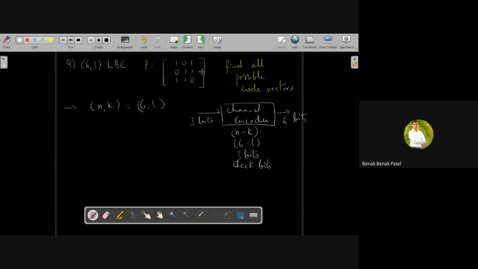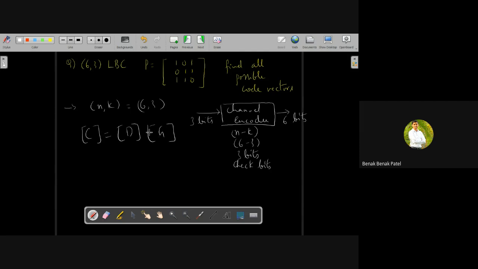The other thing is they have given just the parity part. By now we know that only when I multiply the message with the generator matrix G can I get the output code word.